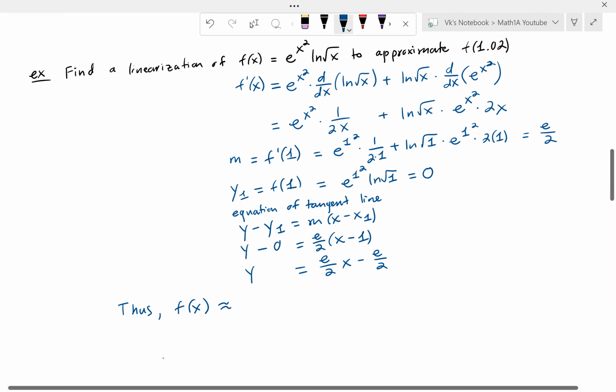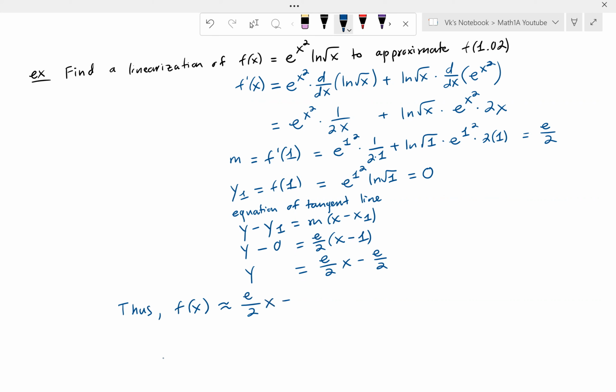And therefore, f(x) is approximately e over 2 x minus e over 2 for numbers near x equal 1. So now we can figure out f of 1.02.